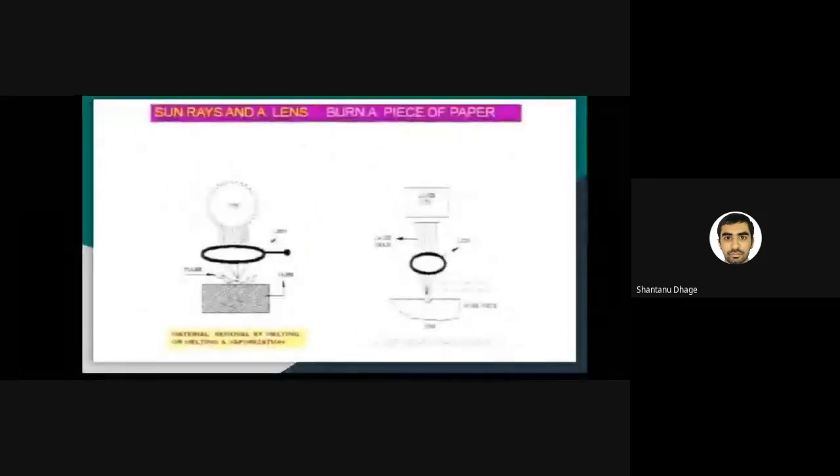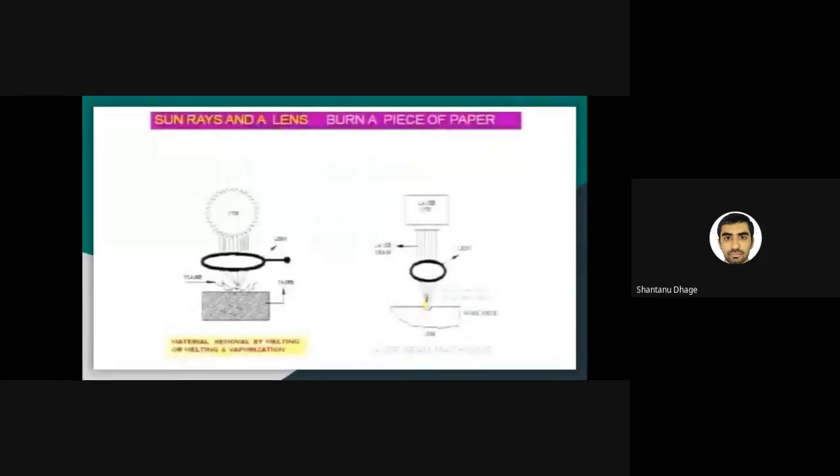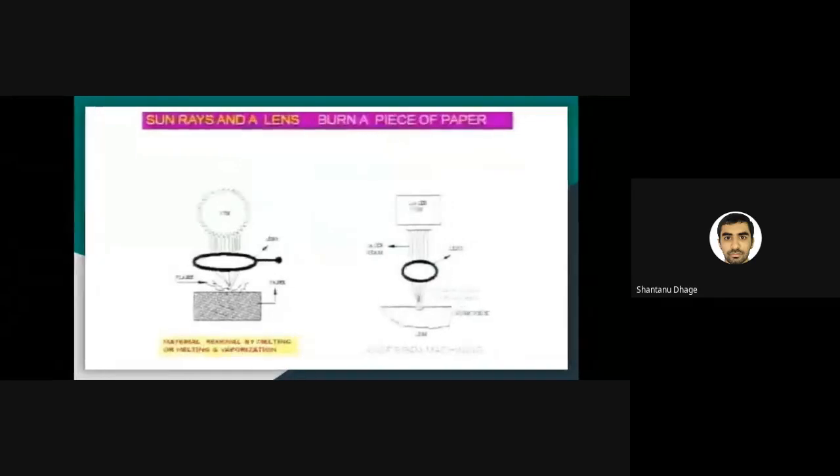With the help of this laser beam machine, we can drill a hole on the diamond workpiece. Again, in this diagram we have the workpiece, and here is the concentrated light at that particular point, and that concentrated light is utilized for melting and evaporation purposes.